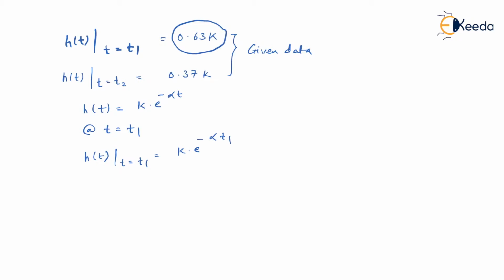So I can write 0.63k is equal to k times e to the power minus alpha t1. Here k and k will get cancelled. As you can see in this expression, only alpha is unknown. Actually t1 is also unknown, but it doesn't matter. I have to calculate my alpha in terms of t1. So how do we calculate this? Very easy. Just take a natural log on both the sides.